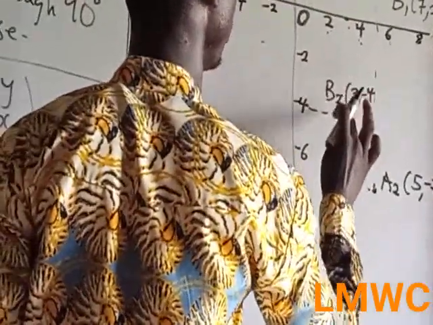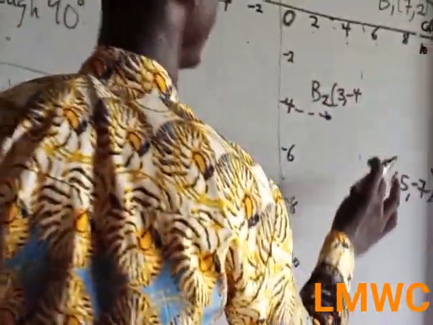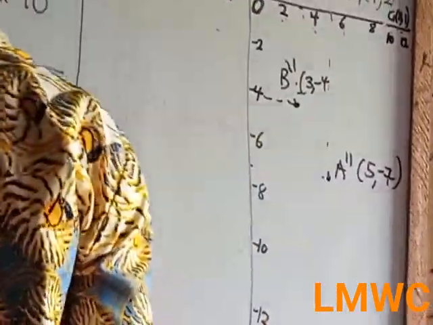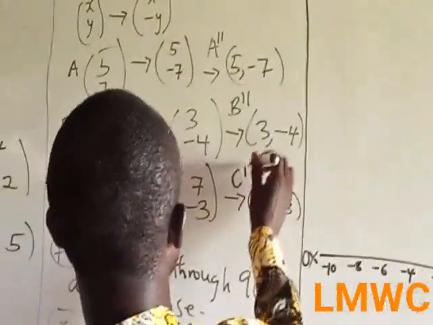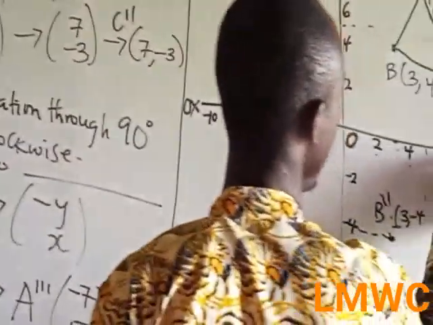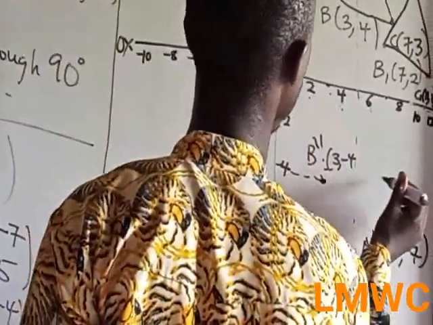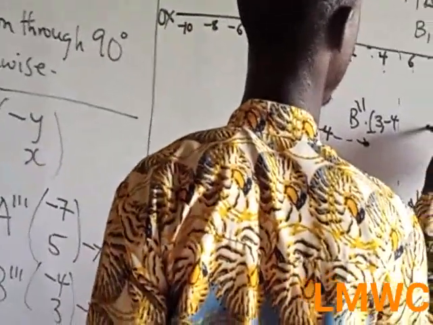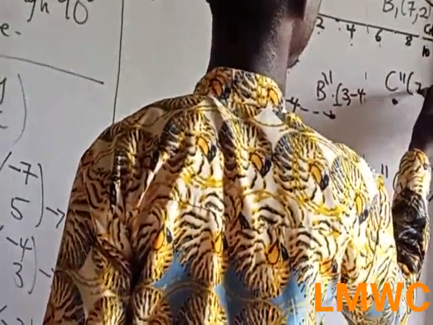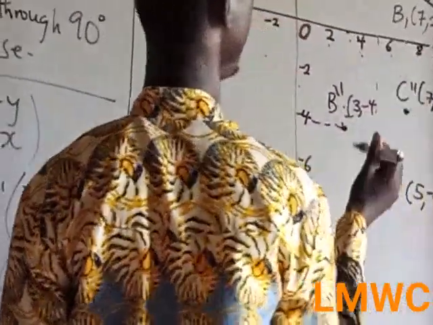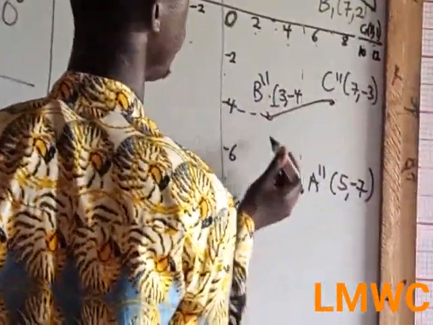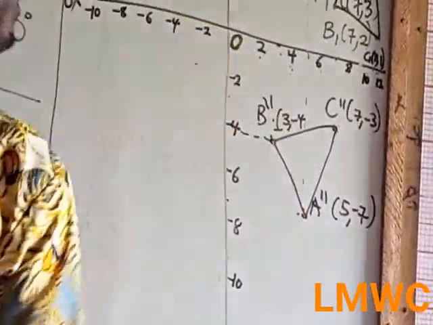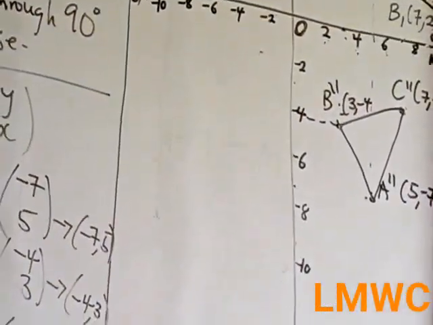Let me bring short dashes. And C2, we have 7 and 3. So this is 7. So 7 and 3, we have it here. So C2, 7 and 3. So you join down your lines. So I have my A2, B2, C2.